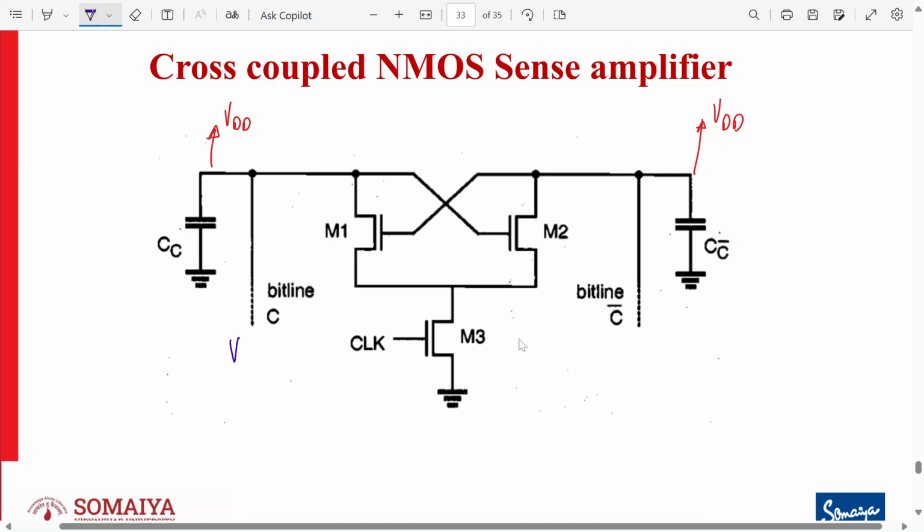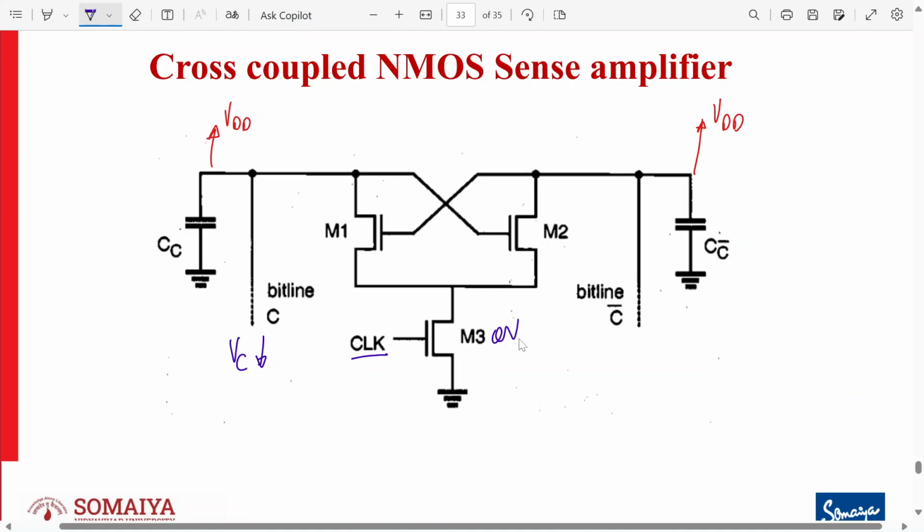So let's say this VC voltage starts to drop down when the SRAM access transistors are activated. Now what will happen? Let's say the clock is also applied and M3 is on. M3 is on, so this V3 is slightly below. This drops and this voltage almost remains the same as the pre-charge value VDD.